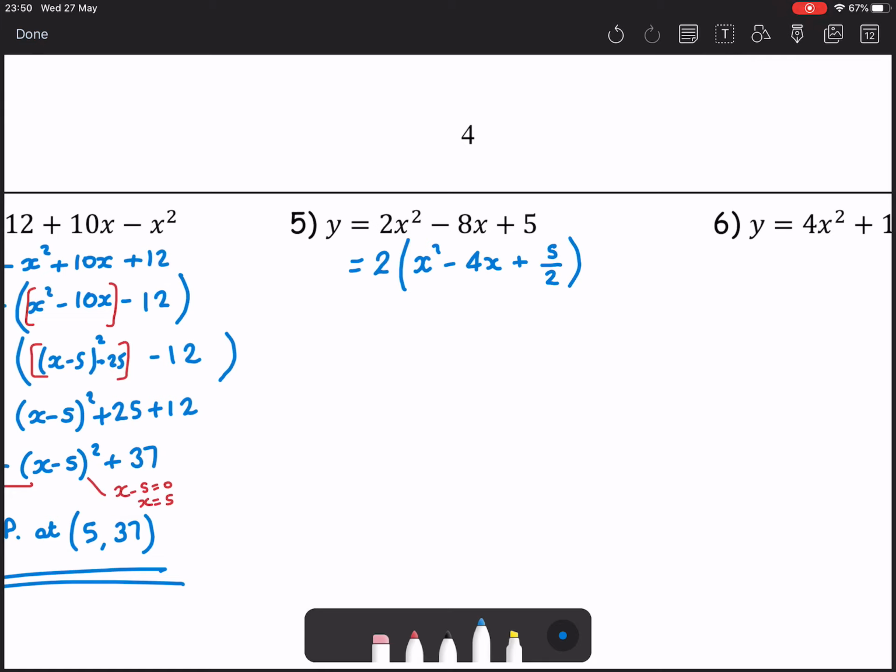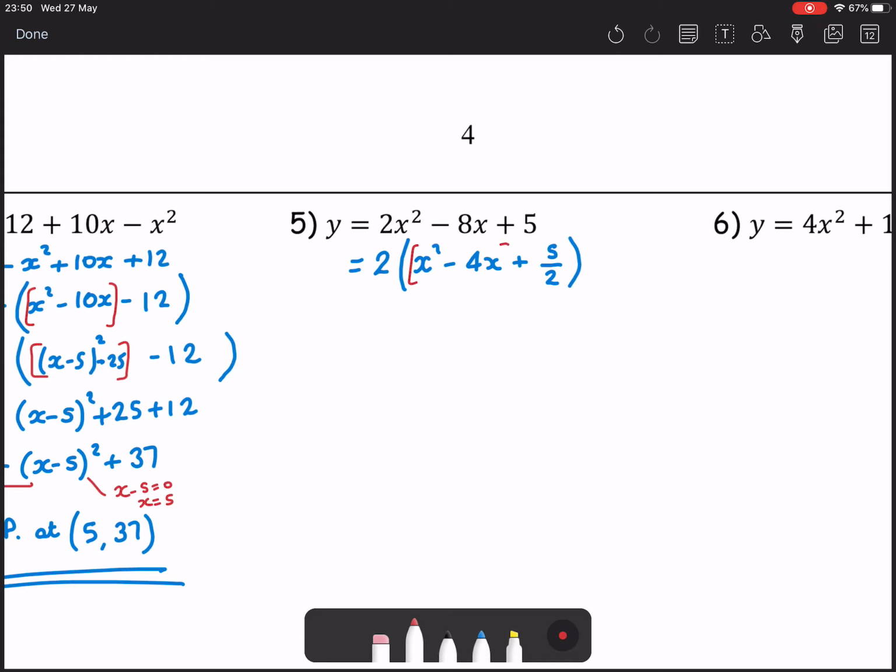So my common factor of 2 out, my coefficient, and now within that bracket is a quadratic that we have to go through our completing the square process to then simplify at the end.